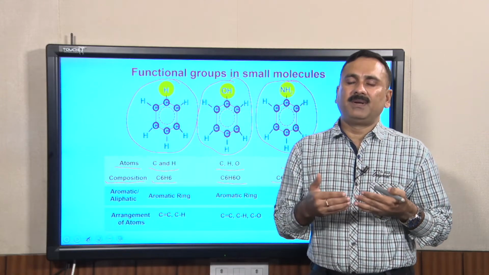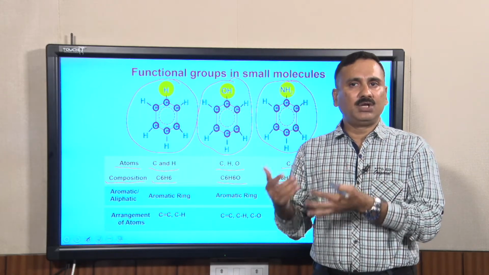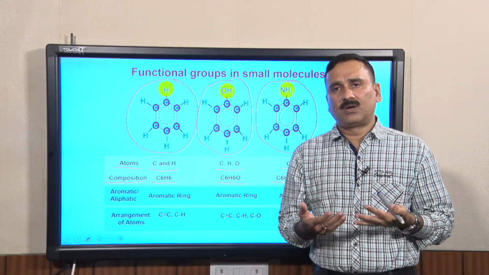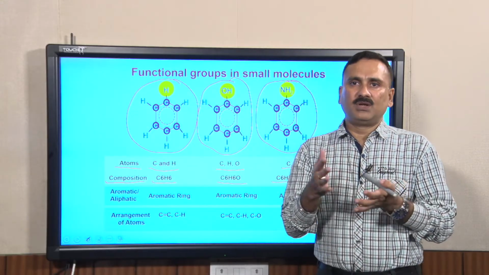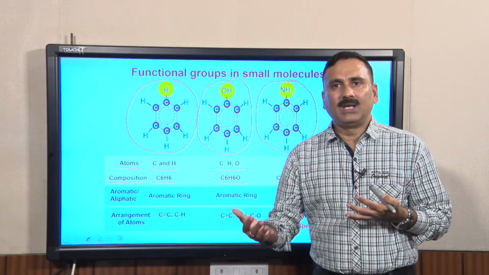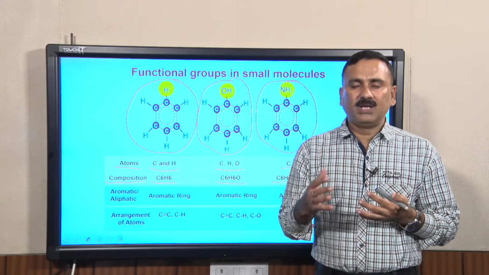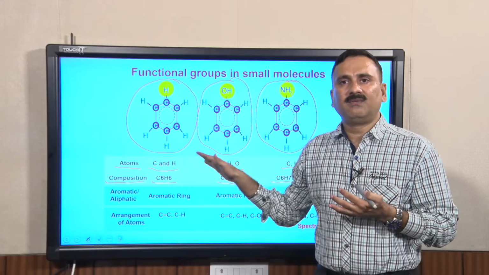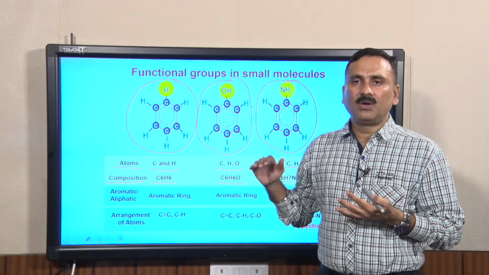The CHN analyzer will tell you the percentage of carbon, hydrogen and nitrogen present inside your compound. Depending on that, you can calculate the empirical formula and deduce what different atoms are present in your compound.